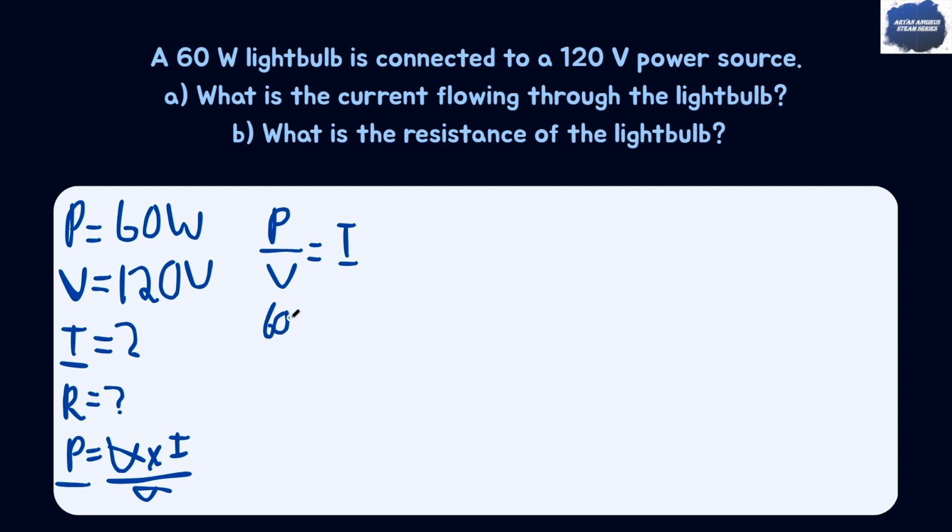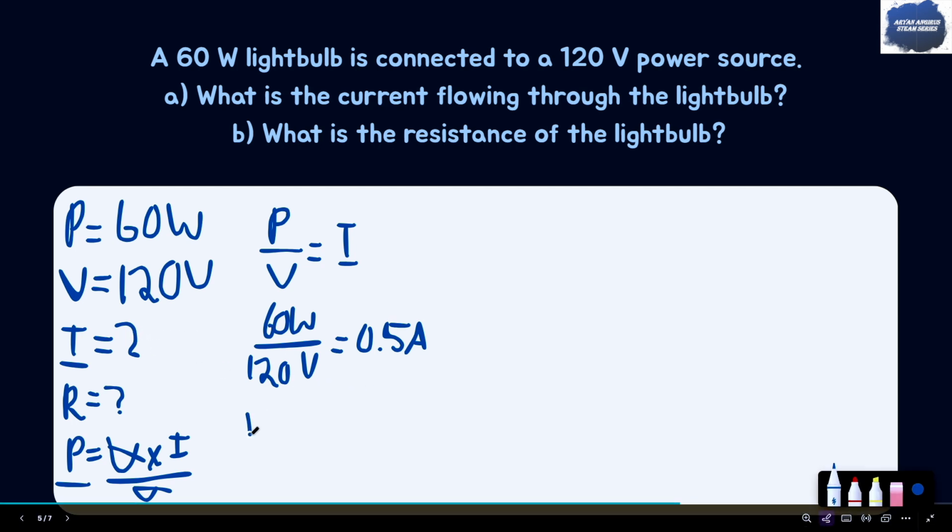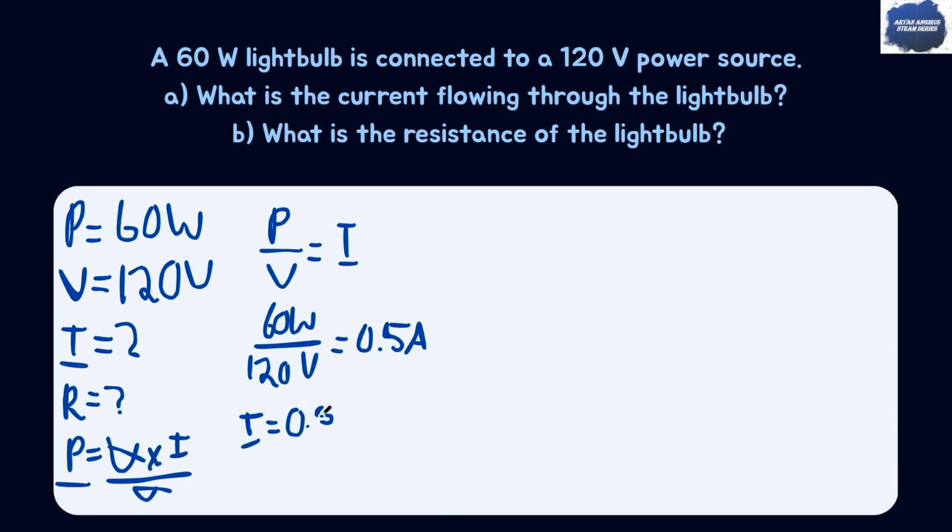So 60 watts divided by 120 volts equals 0.5 amps. So we have figured out current now. So write I equals 0.5 amps.